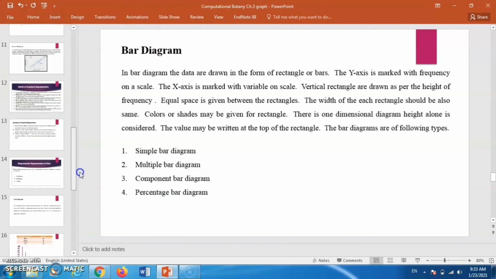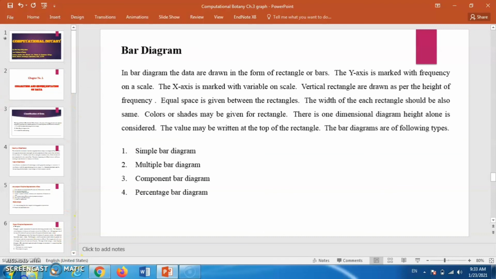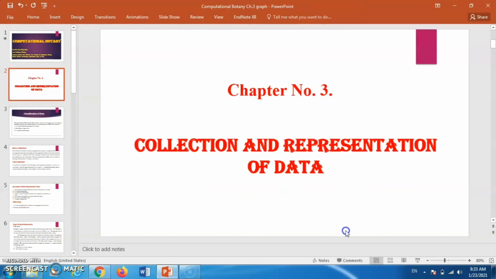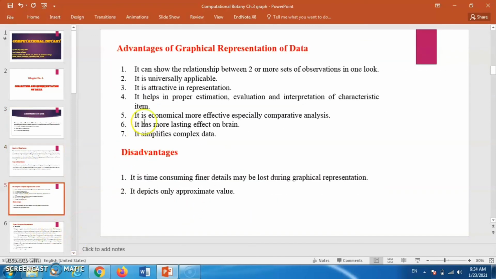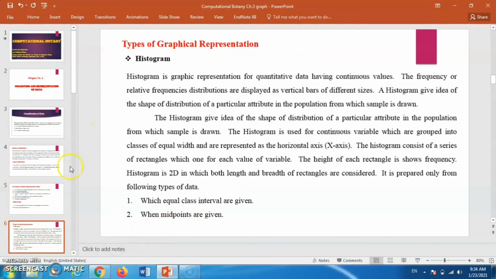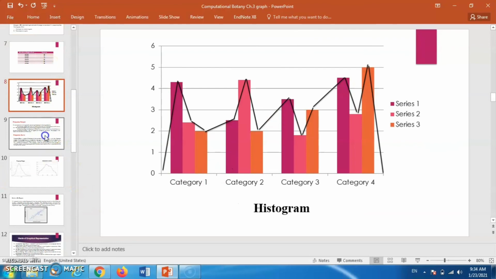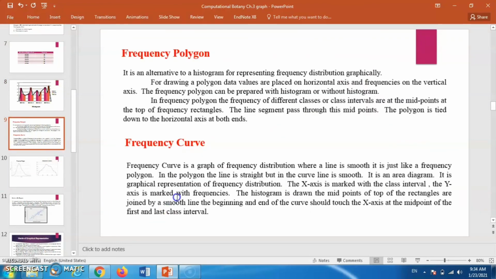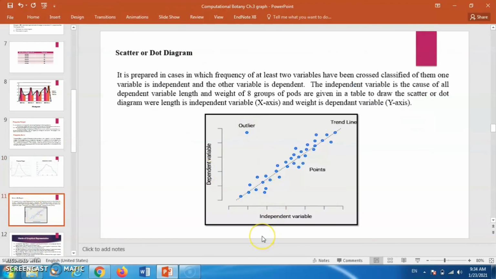And let's go towards the graphical representation again. Let's revise because we have finished our chapter here. In chapter number 3, collection and representation of data, we have already seen what is meant by data, and after that the meaning and need of classification. Then the advantages of graphical representation, its disadvantages, its types, then histogram, frequency polygon, frequency curve, what is the difference between those, and the scatter or dot plot diagram.